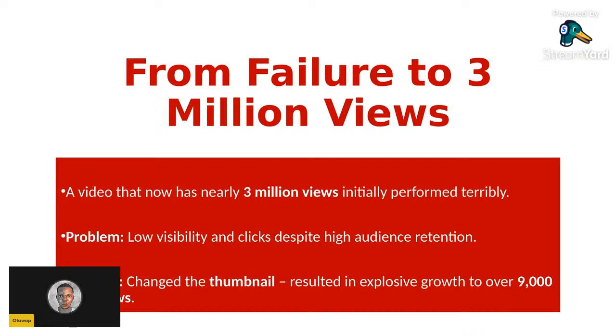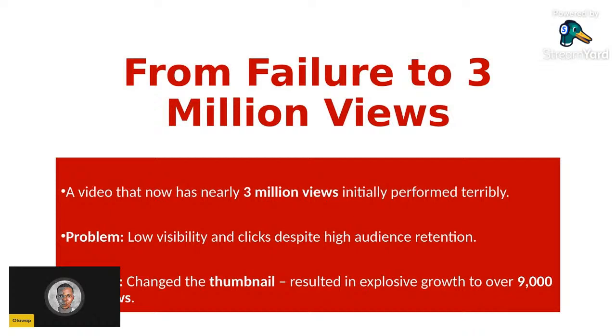And the second thing is the problem. What is the problem? The problem is low visibility. When a thumbnail is bad, you experience low visibility and clicks despite high audience retention. High audience retention means your video is okay, your intro is okay, your video is giving the vibe that people want, and people are watching your video at least halfway.